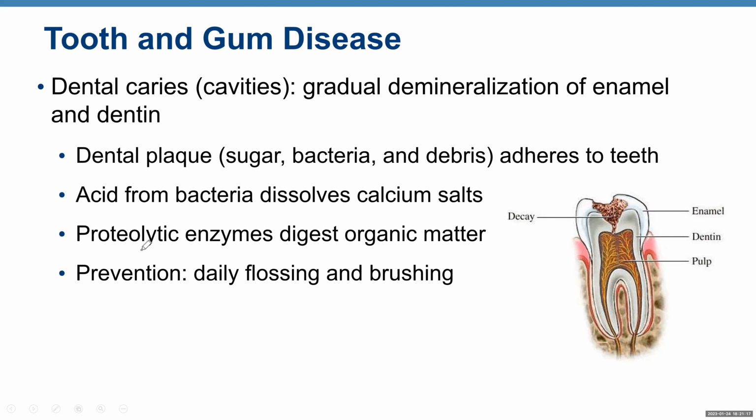Proteolytic enzymes digest organic matter, and then you form those cavities, right? So it's acid and proteolytic enzymes from bacteria that adhere to your teeth, so you start having cavities. And then infection can progress into the pulp cavity, and you can lose your tooth. Now, prevention is daily flossing and brushing.